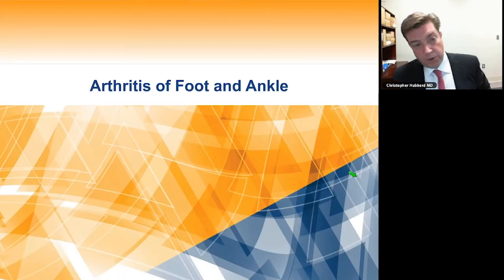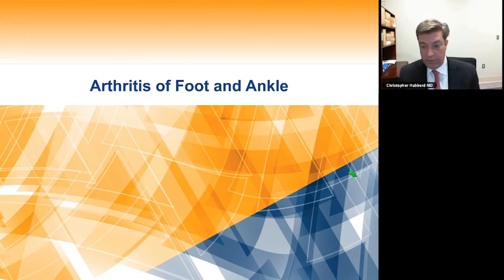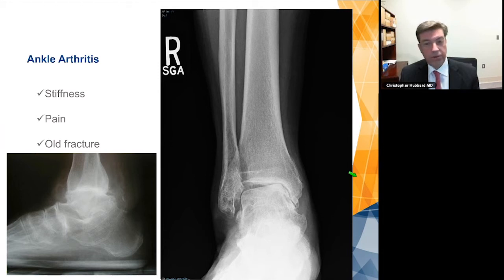So on to some arthritic conditions of the foot. Almost always arthritis of the ankle is post-traumatic, almost always due to an ankle fracture. These patients typically have pain and stiffness of the joint.